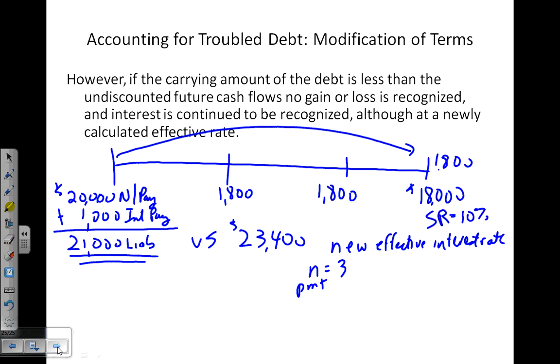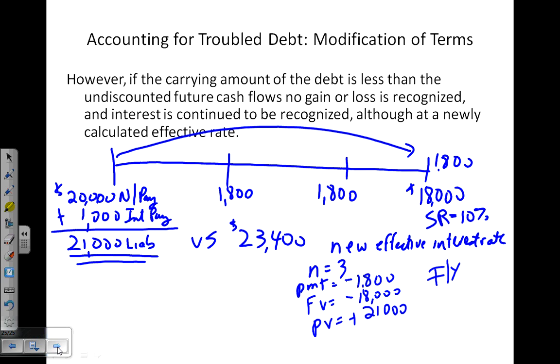The payment is going to equal negative $1,800. The future value is going to be negative $18,000. And the present value equals positive $21,000. And I want to solve for my new effective interest rate.